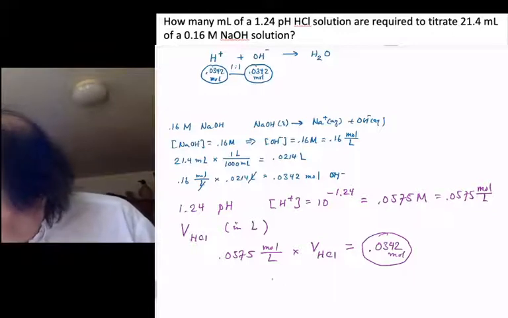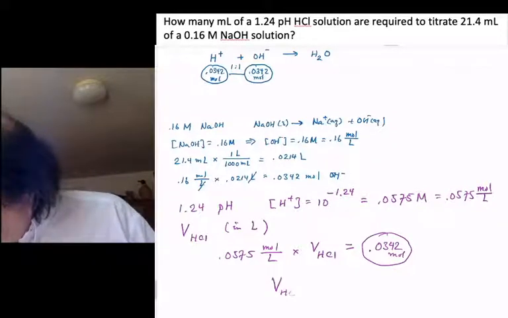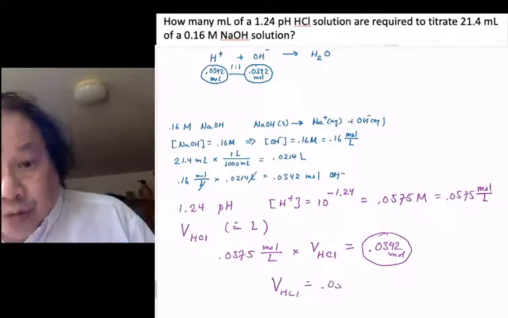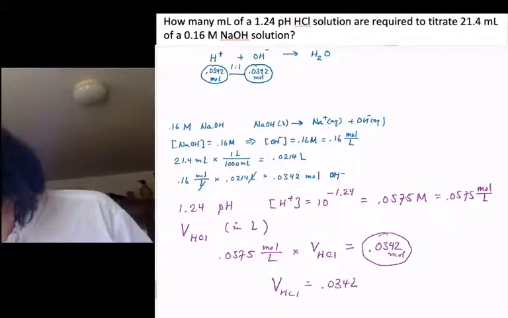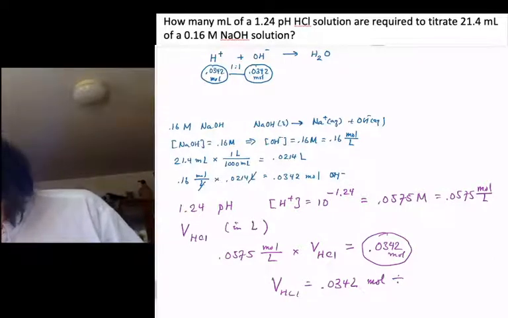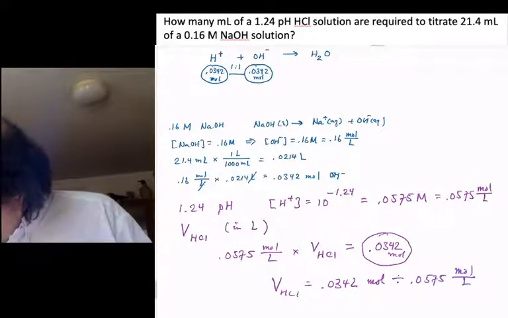And that means that the volume of HCl is equal to 0.0342 moles divided by 0.0575 moles per liter. The moles cancels.